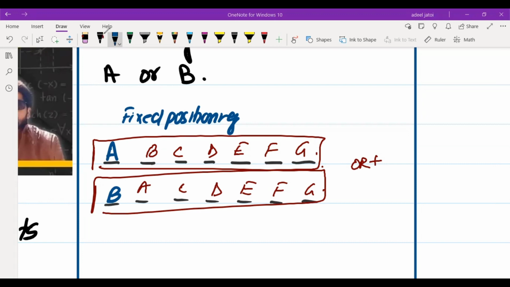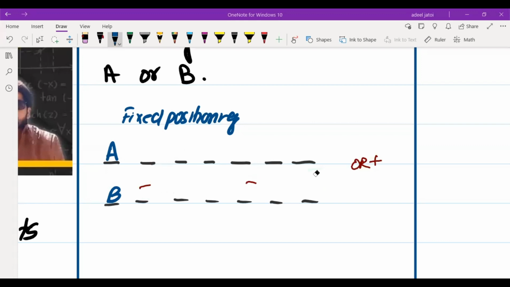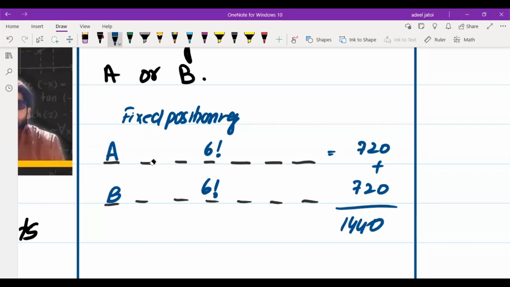So the 6 factorial will be used to arrange all the alphabet when it is starting with A, and 6 factorial will be used when it is starting with B. When we use 6 factorial, the answer is 720, and this answer is 720 as well. But both the possible options will be added. Either it will start from A or it will start from B. The answer will be 1440.